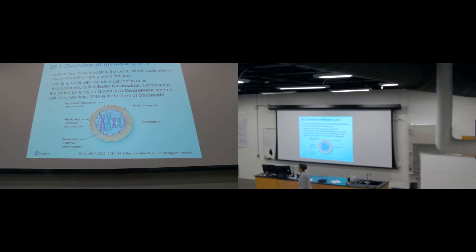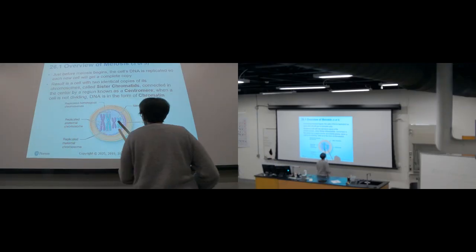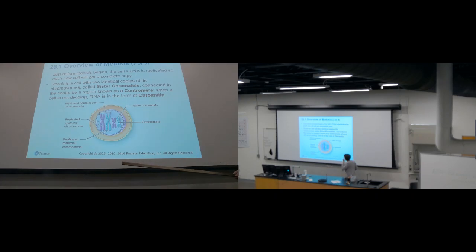So we will see these phases. When the cells are going to produce the gametes, they replicate the DNA, and this replicated DNA will form these homologous chromosomes.